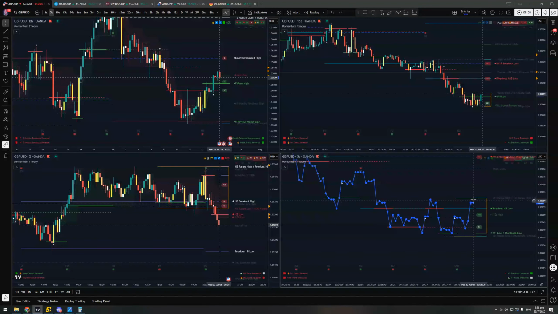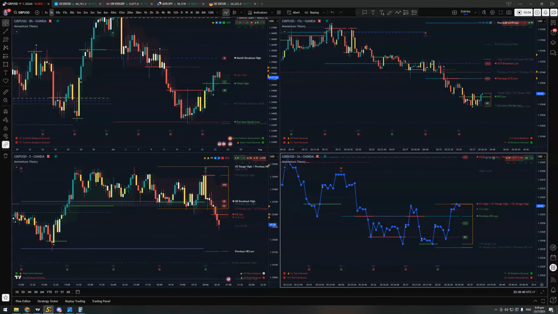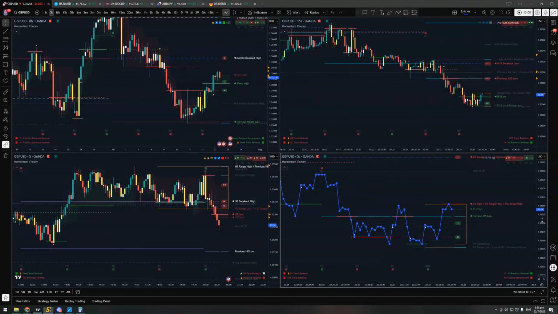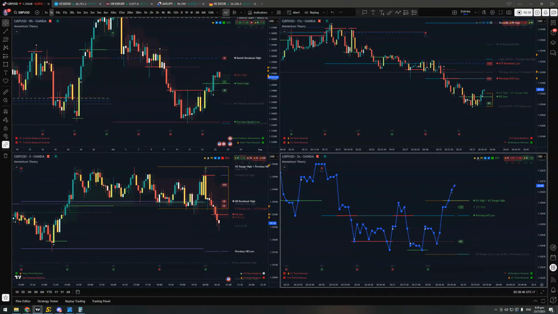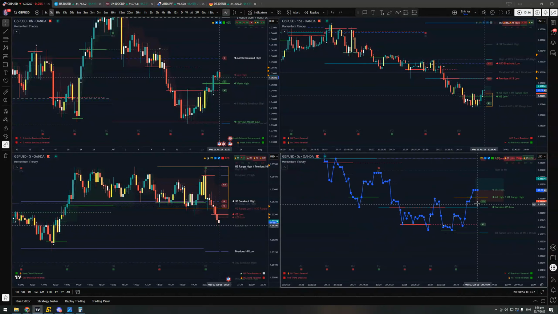Here we go, flipping up. We're still in a range on the M1. Want to get outside of this. Closed above, continued above, and that's the entry right here. That's one.